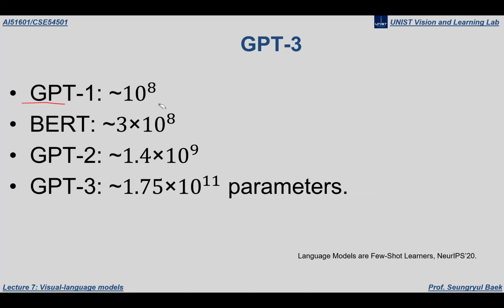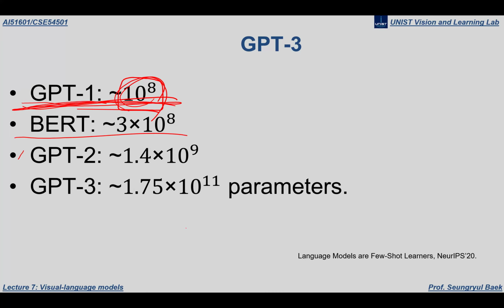GPT-1 has this number of parameters in its basic architecture. Both are composed of transformers, but they stack more transformers and have larger transformers. So BERT has maybe three times more parameters than GPT-1.